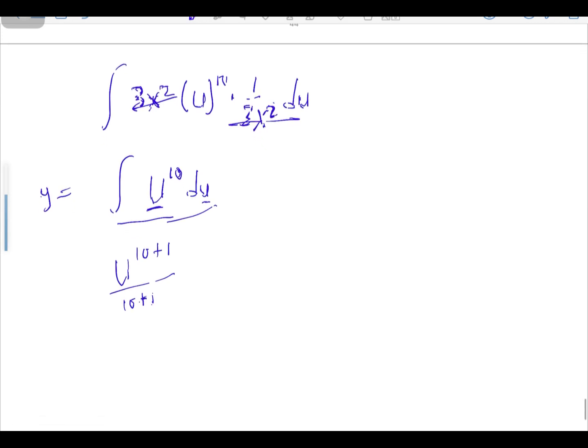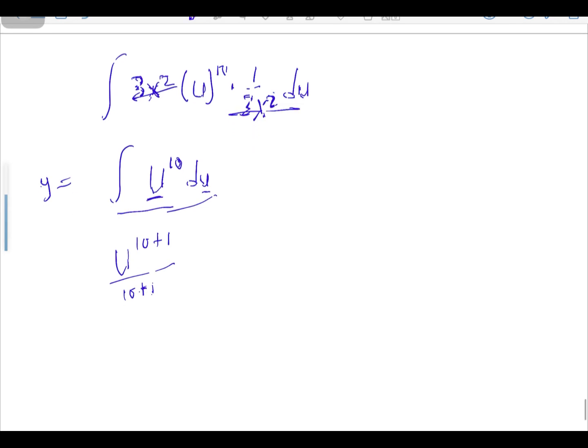When you simplify it, you are going to get u power 11 over 11. And don't forget that this is an indefinite integral, therefore you need to introduce your constant of integration, which is the arbitrary constant c. Now this is what we have.